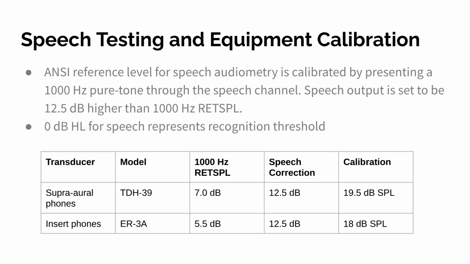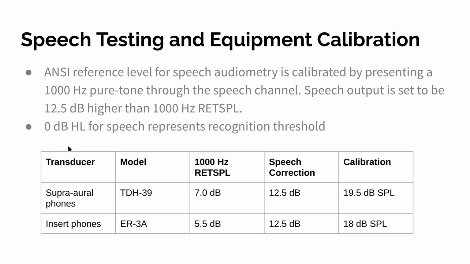And when we calibrate for speech, we're adding an additional 12.5 dB correction factor for speech, because that's related to the crest factor for speech, which is basically the difference between the RMS average amplitude for speech and the peaks of speech.